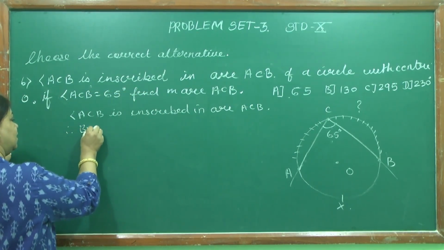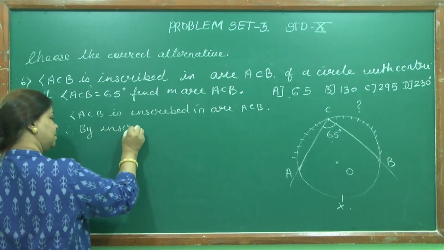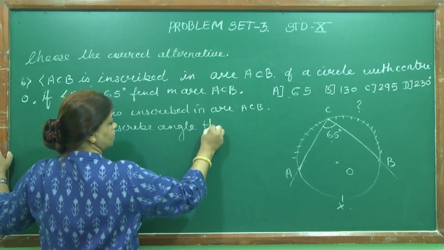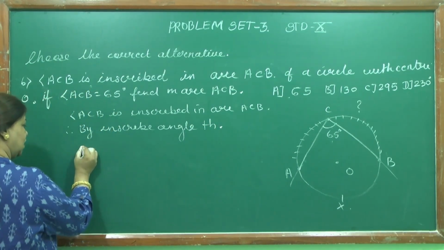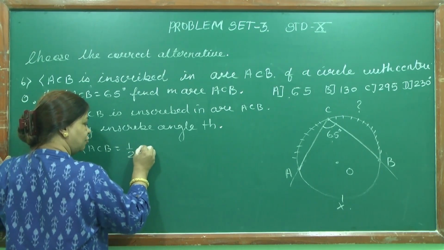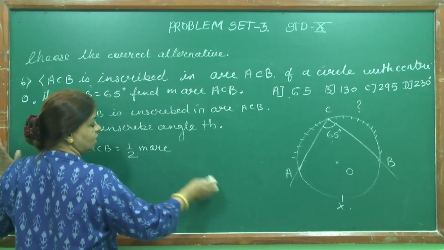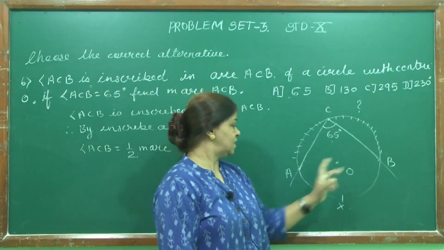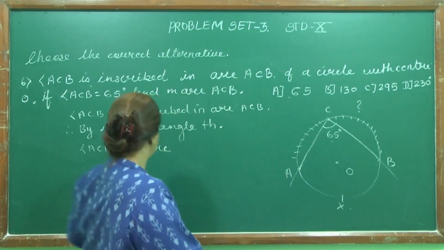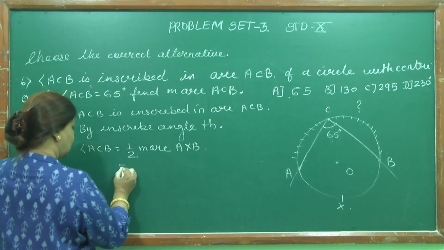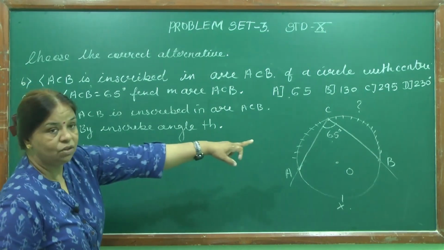Therefore, by the inscribed angle theorem, angle ACB will be equal to half of the measure of the arc it intercepts. This angle is intercepting arc AXB.